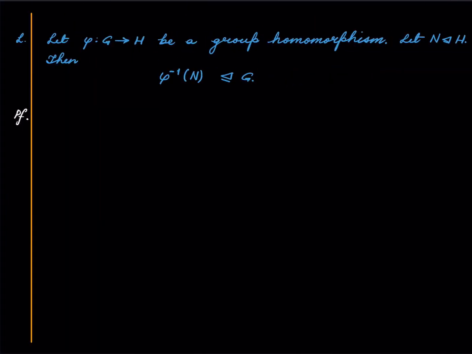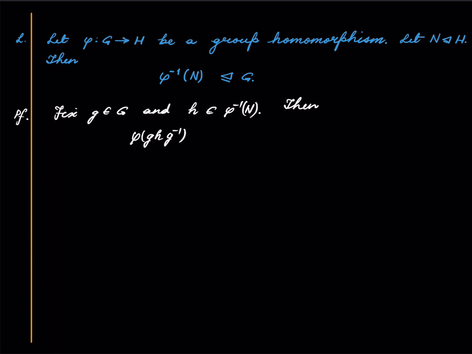So this is a cousin of it. It says that the pre-image of a normal subgroup under a group homomorphism is normal. Here we don't even need surjectivity. So fix little g and h in the preimage, then phi of g h g inverse.